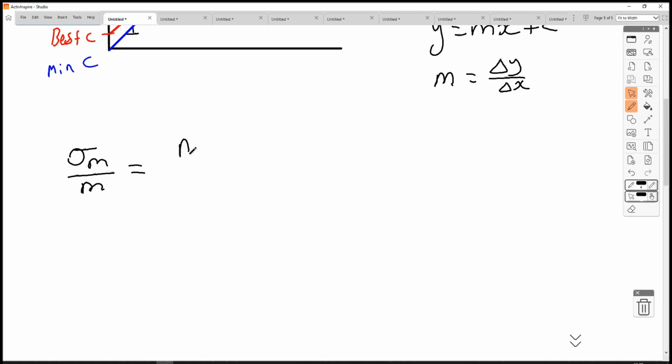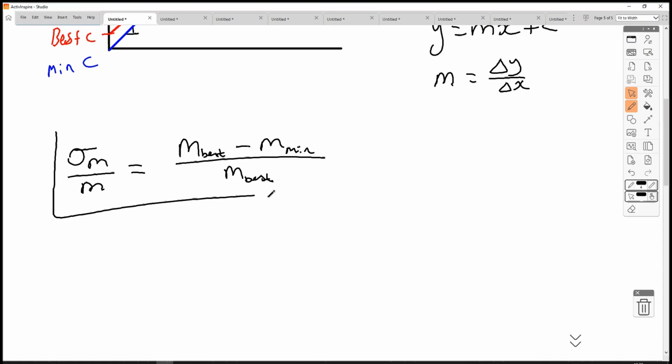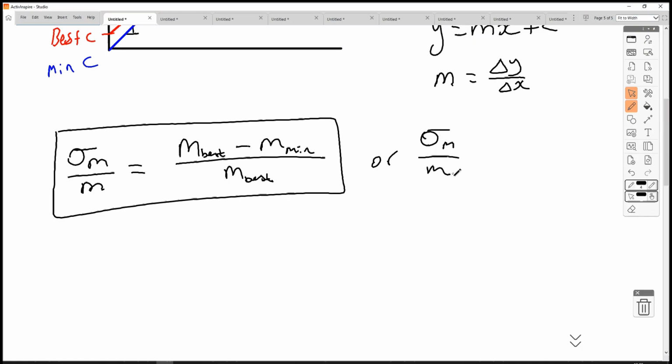So this is equal to m best minus m min over m best, or m max minus m best over m best.